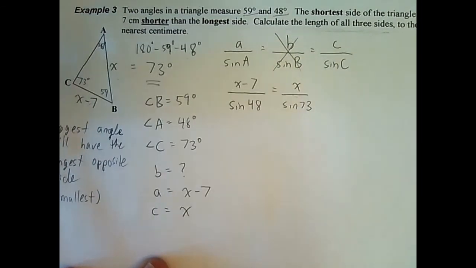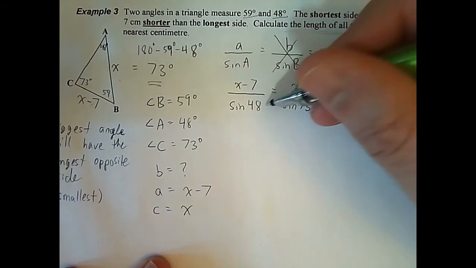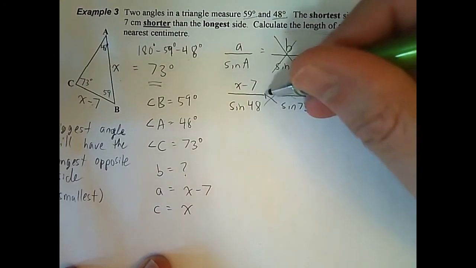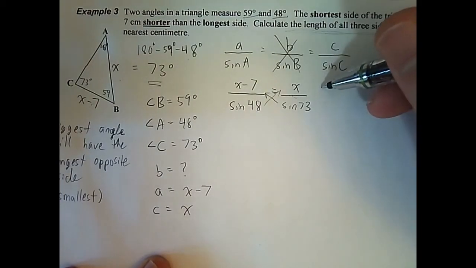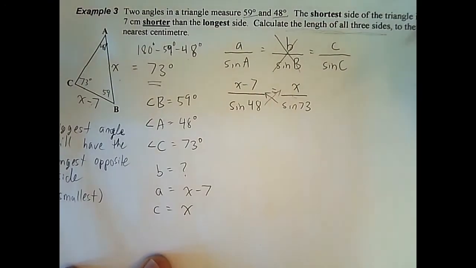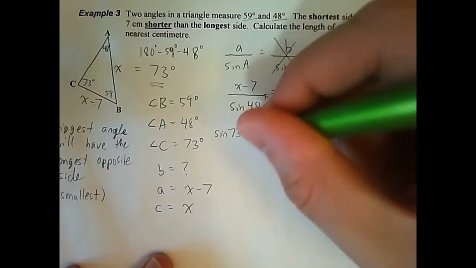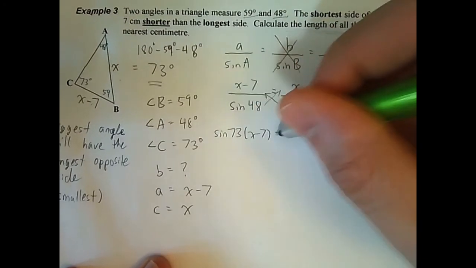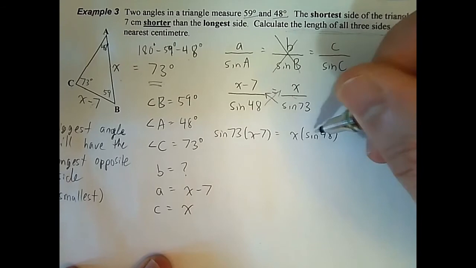So what I want to do now is something we call cross multiplying, where I multiply the denominators onto both sides. You can also think of it as multiplying both sides by the denominators, and they'll cancel out, and all I'll be left with is sine 73 times (x minus 7) is equal to x times sine 48.